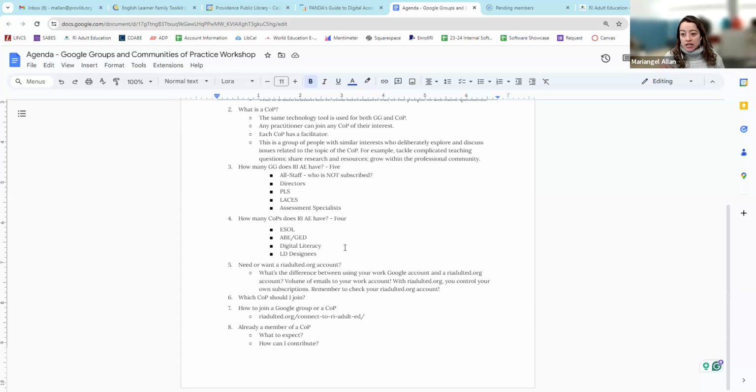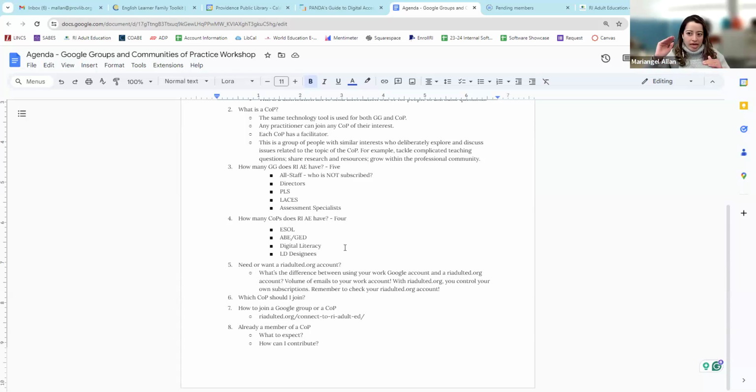The facilitator for ABE-GED is Evelyn Robertson. The facilitator for digital literacy is myself. And LD designees. The facilitator for LD designees is Andy Ramirez.